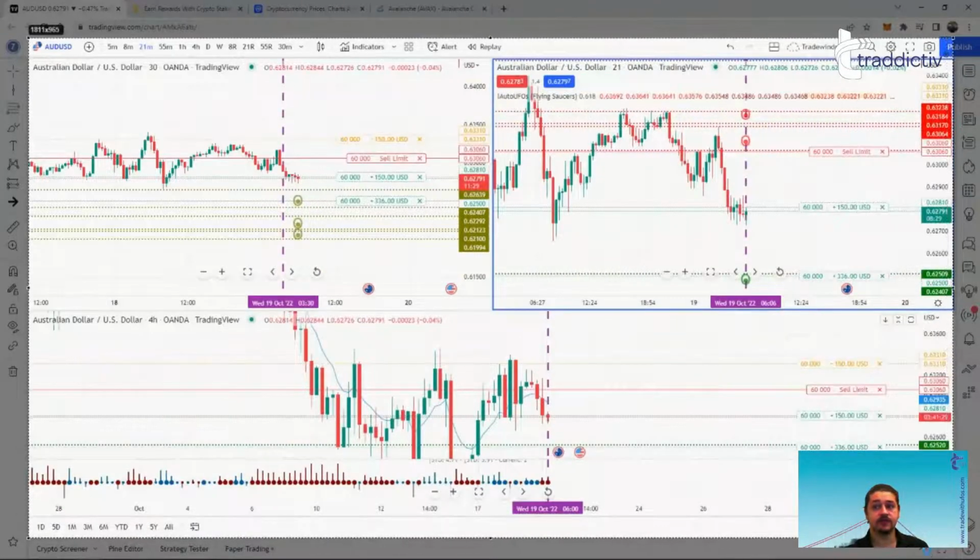This is 2022 1019. This is AUD USD. If I can actually type the Aussie USD dollar 4-hour setup, and this is all the UFOs.